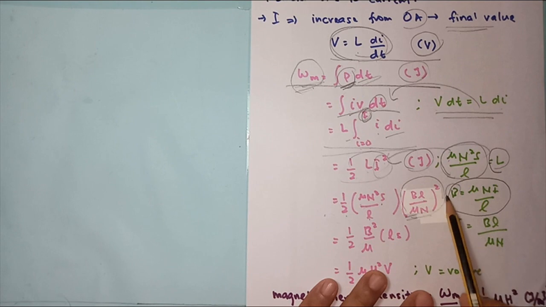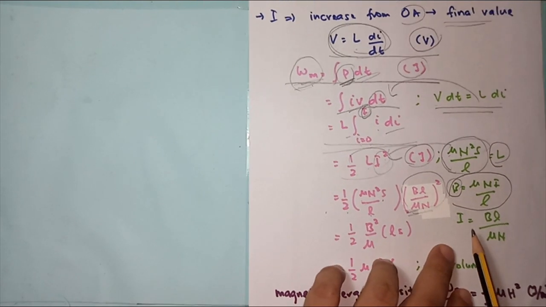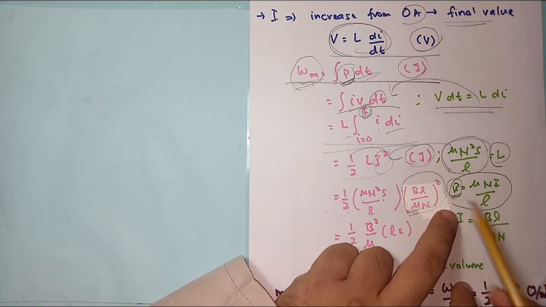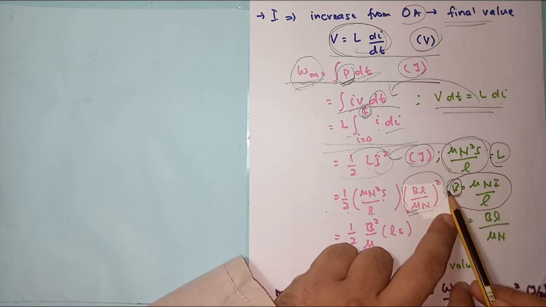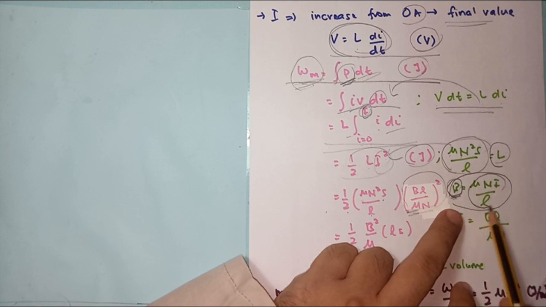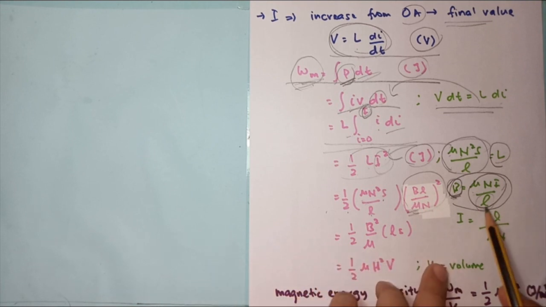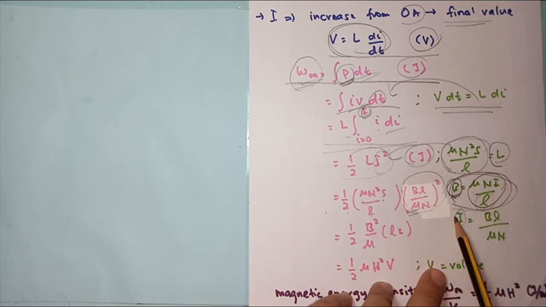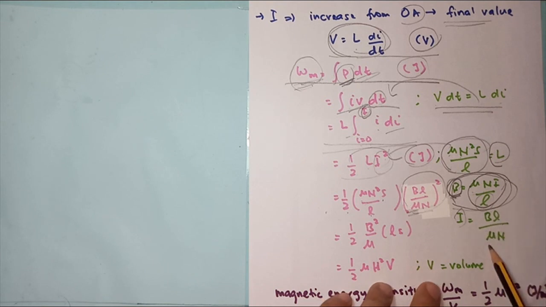This is the same formula as in the topic of inductor, whereas the expression for the magnetic flux density can be written as B equal to mu n I divided by L. If we rewrite this expression, we have I equal to BL divided by mu n.